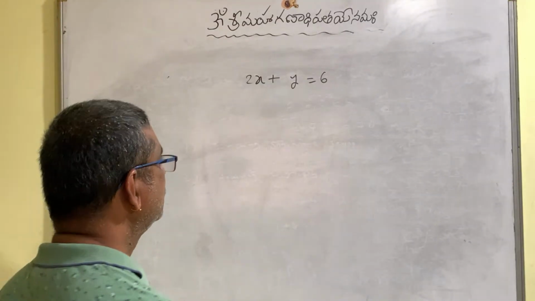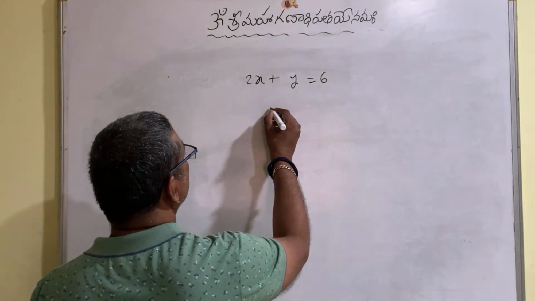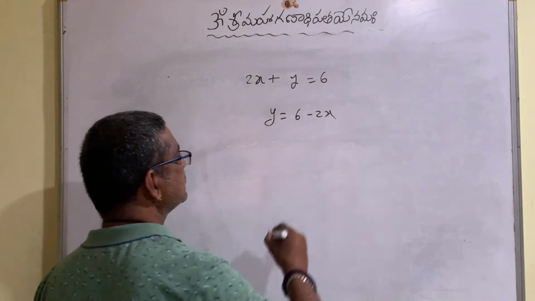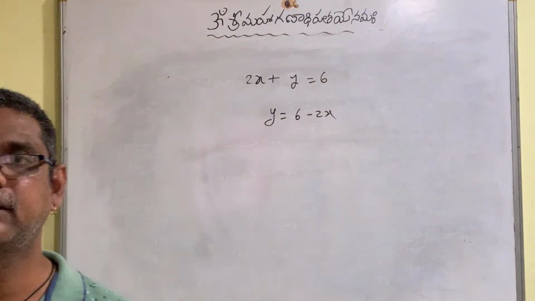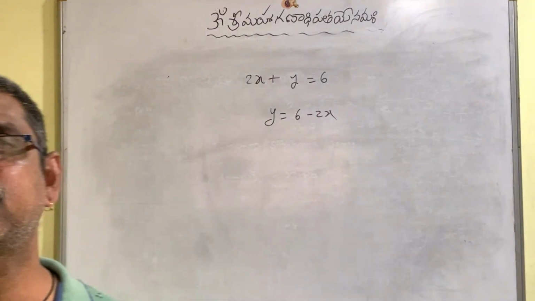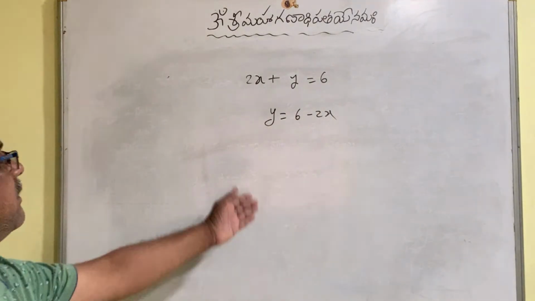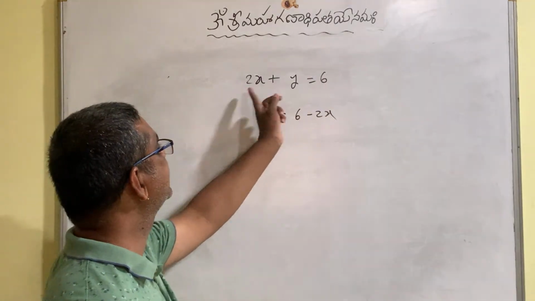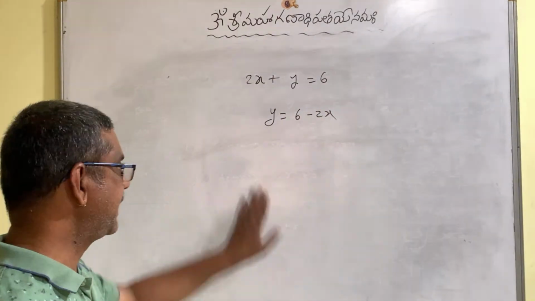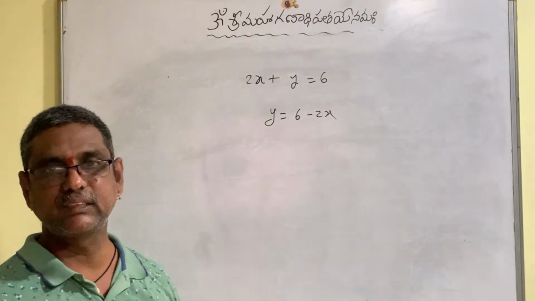First, what we have to do? Express y in terms of x. This is step 1. So here y = 6 - 2x. We have represented y in terms of x.